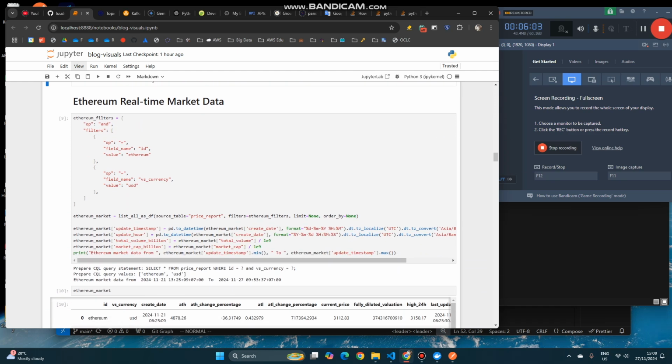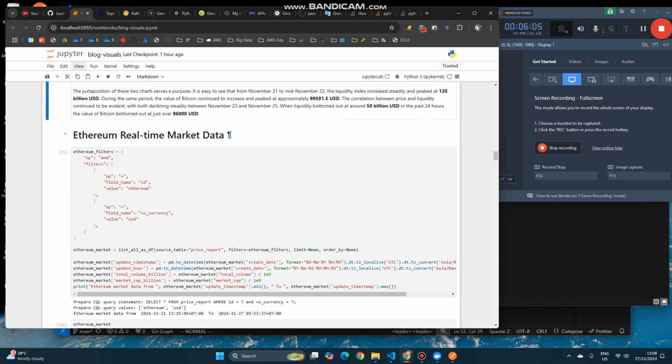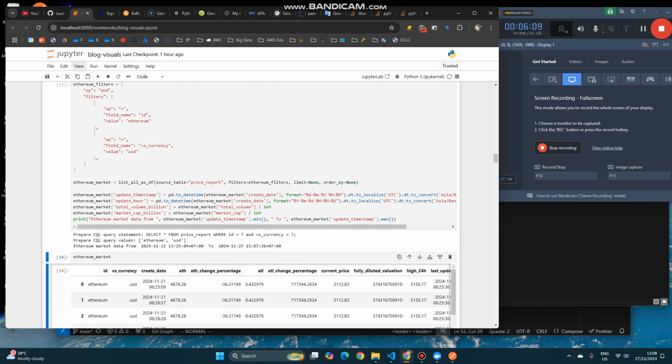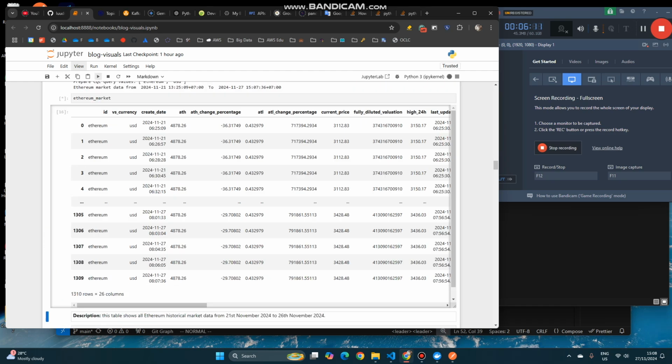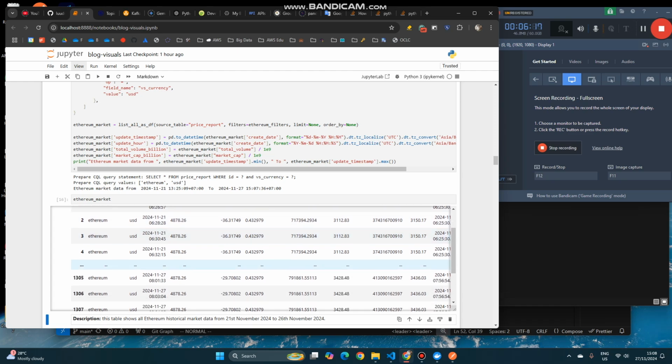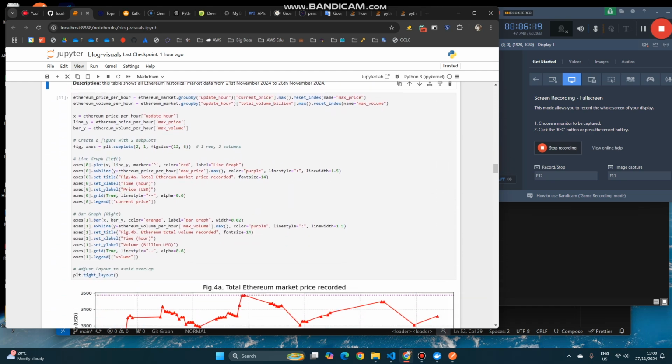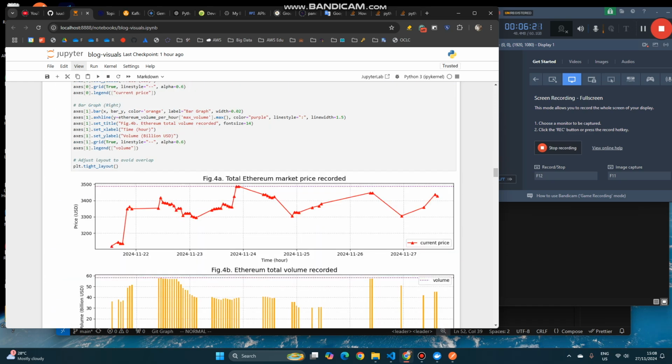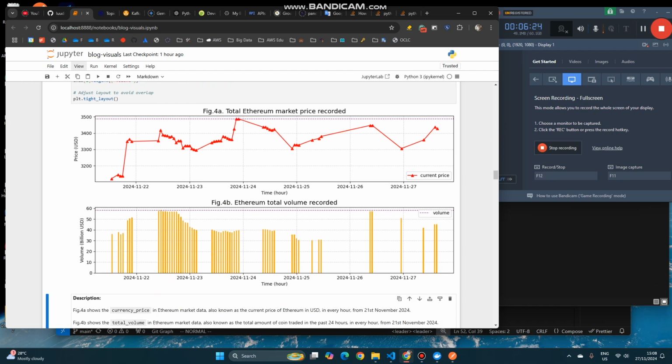Okay, and the next thing is the Ethereum real-time market data as well. So I'm going to run it and show it as well. Similar to Bitcoin, we have the Ethereum based on USD. So I also have the same visualization for the Ethereum.